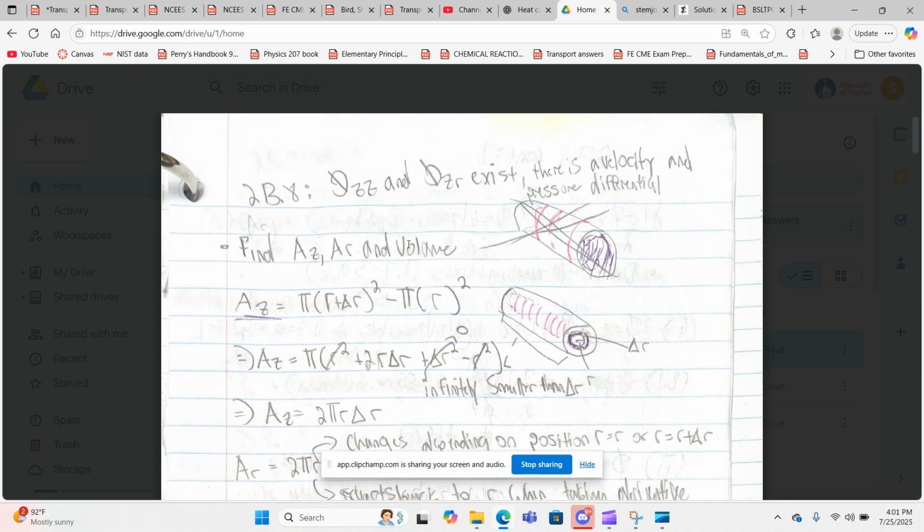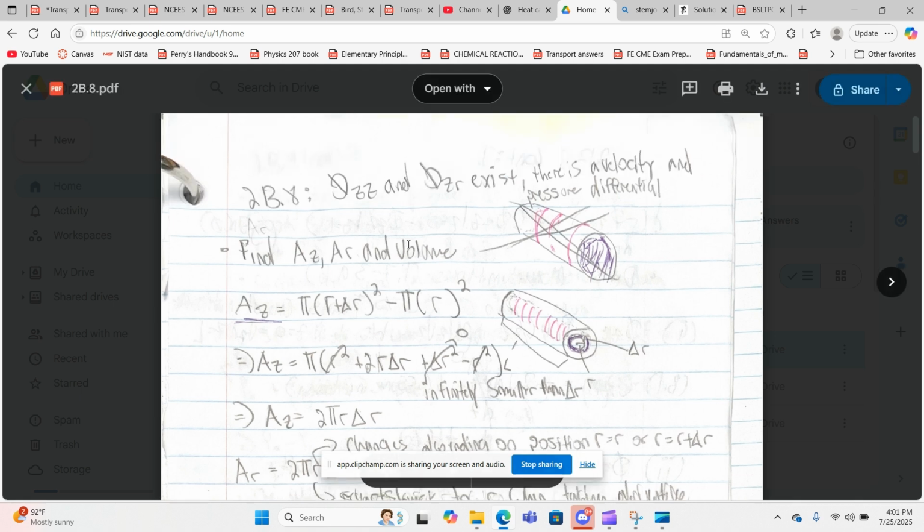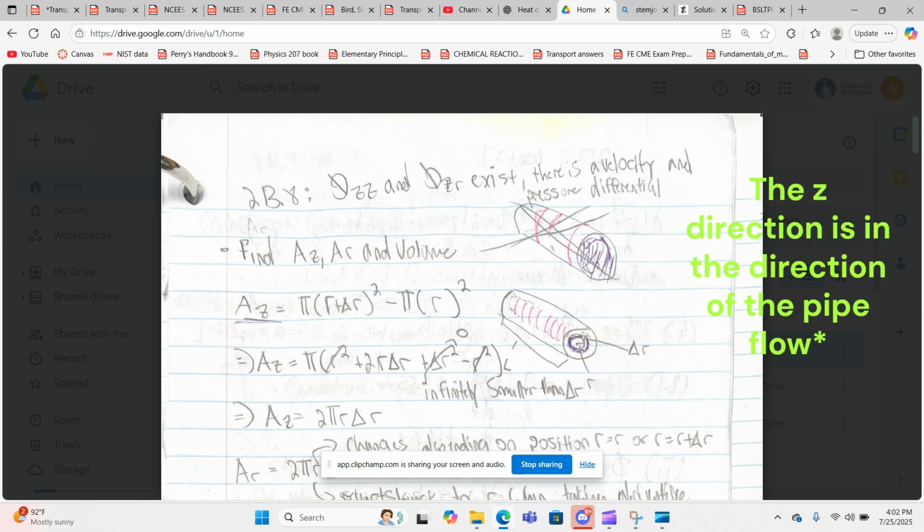So first we're going to do a momentum shell balance, and for that we're going to need a momentum flux in the ZZ direction, and that's because there is going to be a pressure in the Z direction, due to the Z direction because the pressure changes with vertical height, because that's in the direction of gravity, and there's going to be a velocity in the Z direction due to the radial direction.